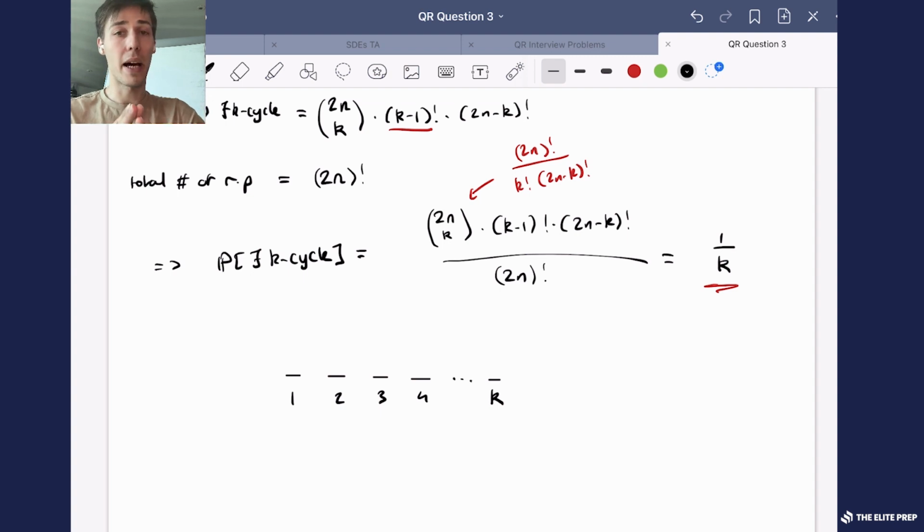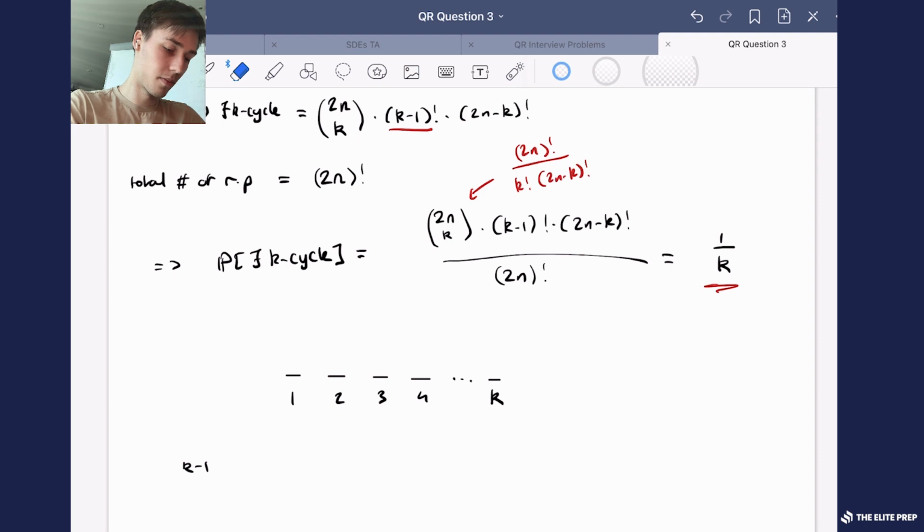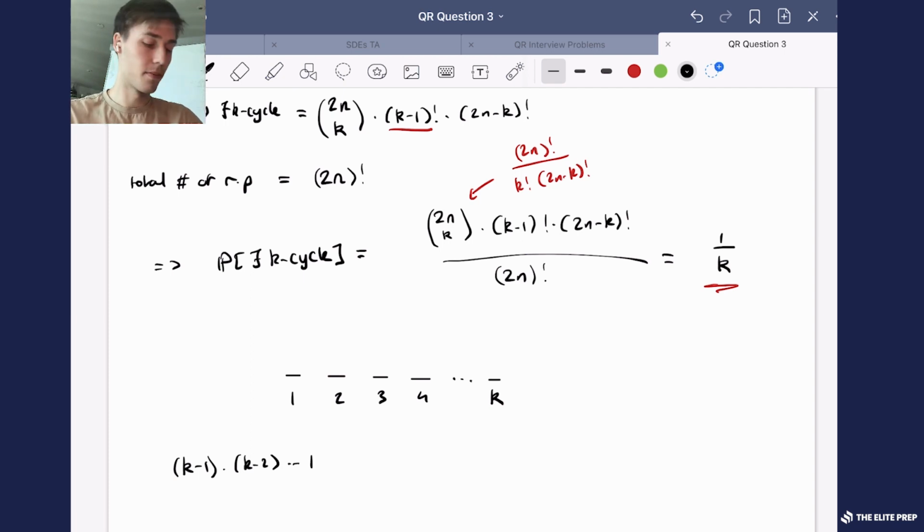You can't go back to the very first one because that would only be a cycle of k minus 1 length. So you would have to go to the kth element. So all in all, the first element has k minus 1 choices. The second element has k minus 2 choices, and so on until the final element only has 1 choice. And that's just k minus 1 factorial.